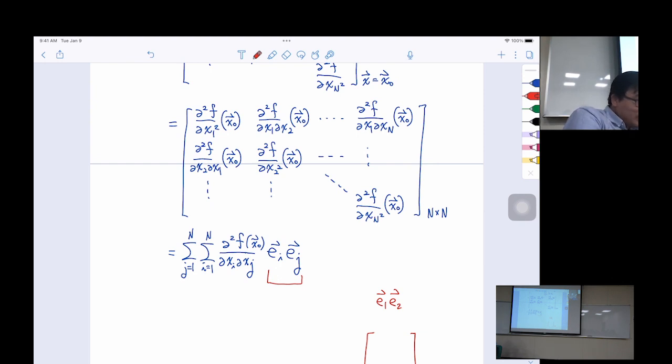So here is 1 1, here is 1 2, here is 2 1, here is 2 2, right? So e1 e2 is indicating the position over here, 1 and 2. So this is like 0, it's like this. It's like a unit basis matrix.